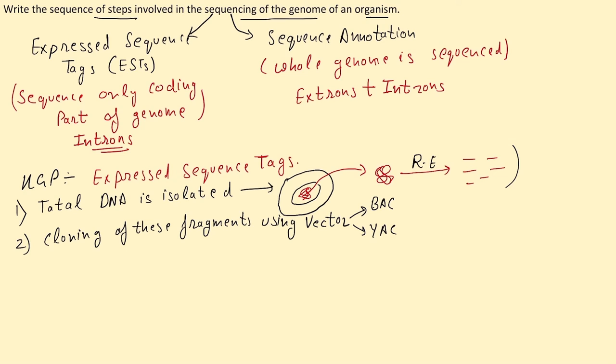In this, an artificial plasmid is used which carries one of these fragments and then goes into a particular cell and is multiplied into several units very rapidly.